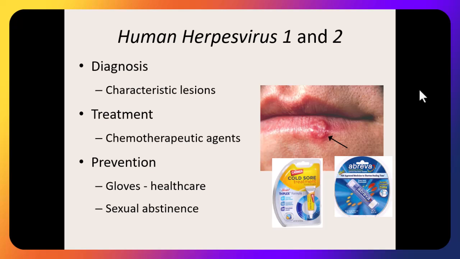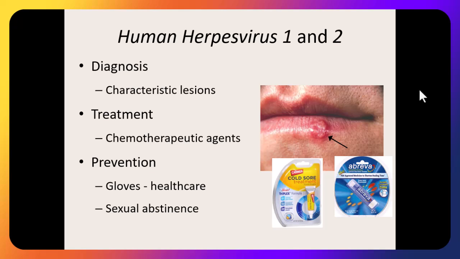The idea is that these antiviral drugs stop the virus from reproducing and shedding from the cell. So it's slowing down that active infection. But that DNA is incorporated into your DNA and it will be with you for your whole life. So it just stops the outward lesions and makes them go away faster, which means you are less likely to spread it.